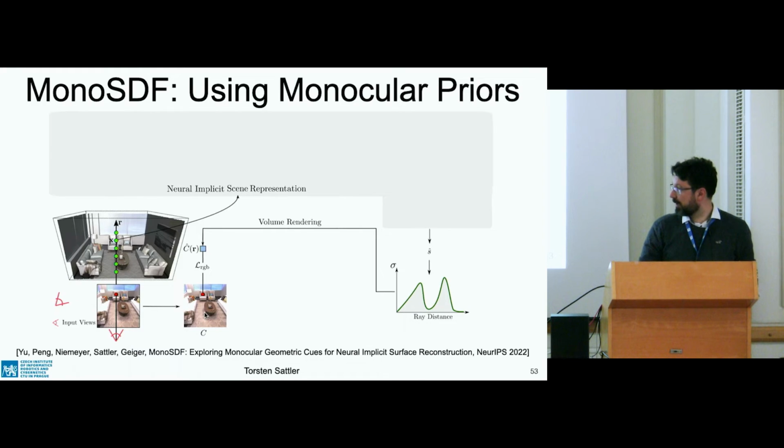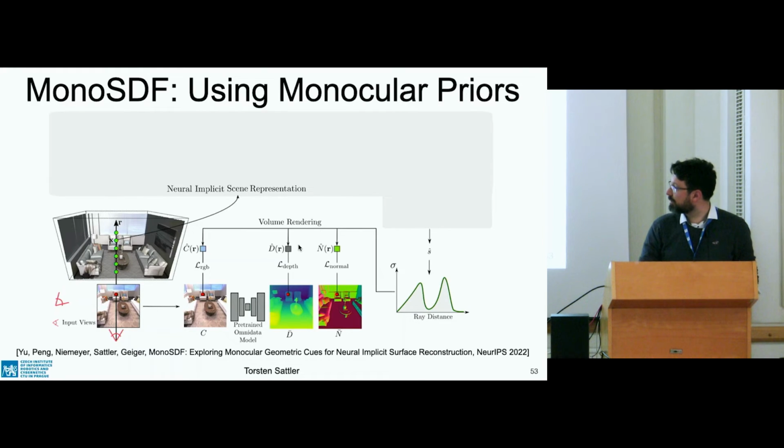But we're not only comparing against the image, but we're also comparing against the predicted depths that we get from a neural network evaluated on a single image, as well as normals that we get from the single image prediction. And that to some degree helps to regularize the scene because you get more observations, you get more data, you get a better idea of where the surface should be.